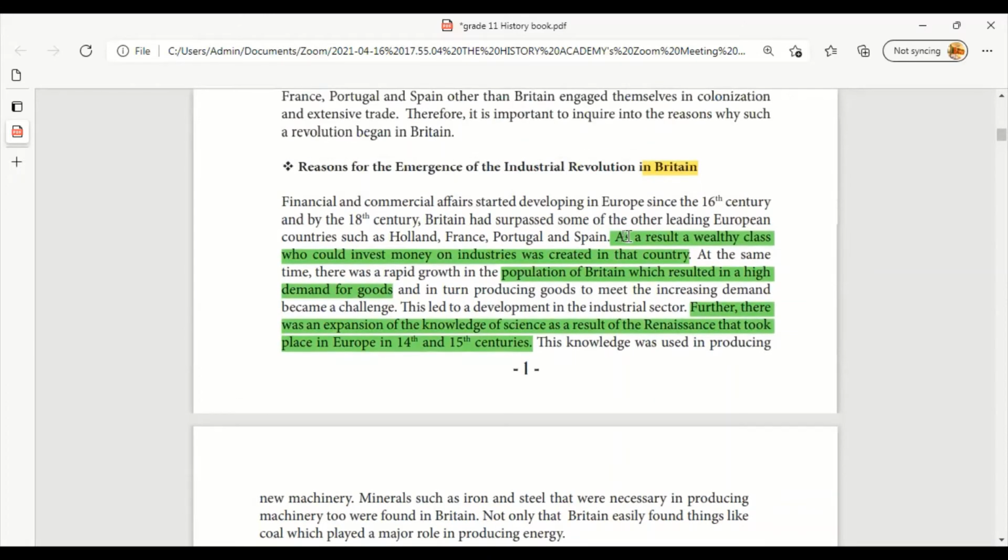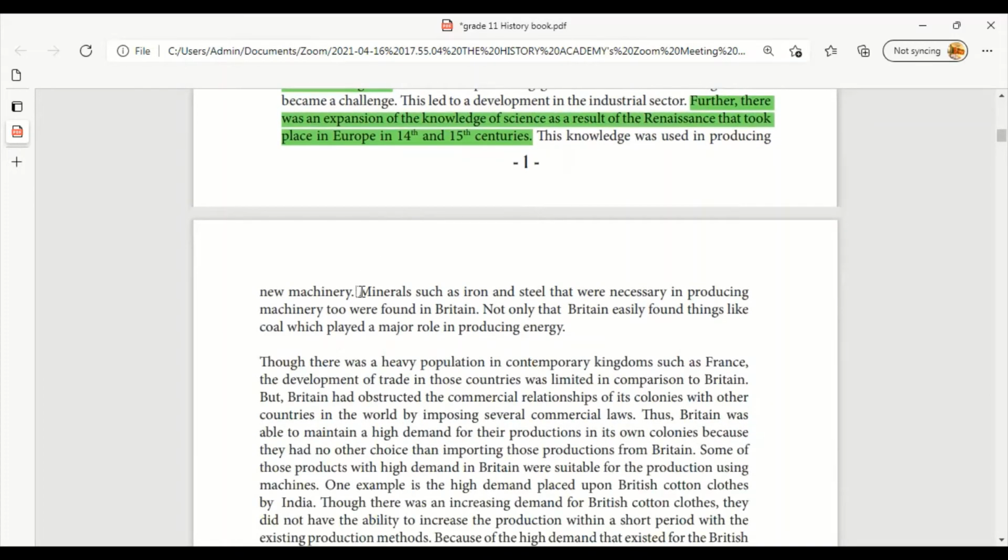So the first reason is that a wealthy class who could invest money was created due to trade. The second reason is the population of Britain, which resulted in a high demand for goods. The third reason is the scientific knowledge the British had. And then the fourth reason is that minerals such as iron and steel were abundant in Britain. Due to that, they were able to develop the iron and steel industry.